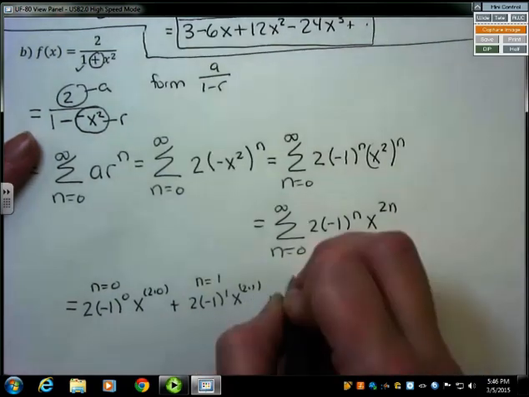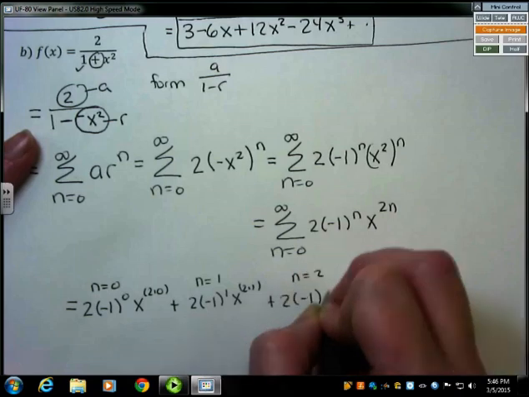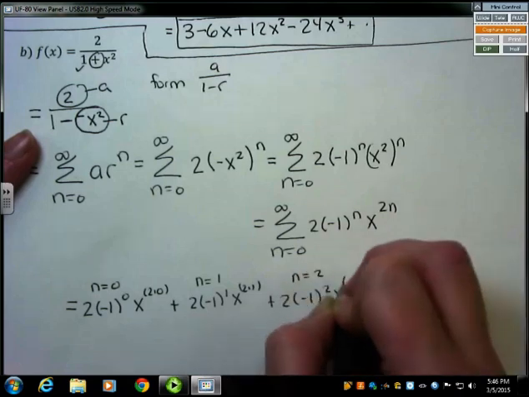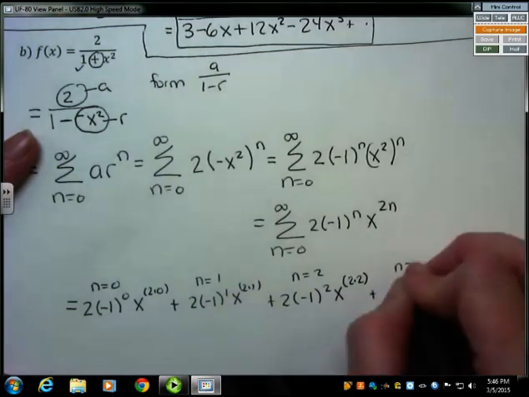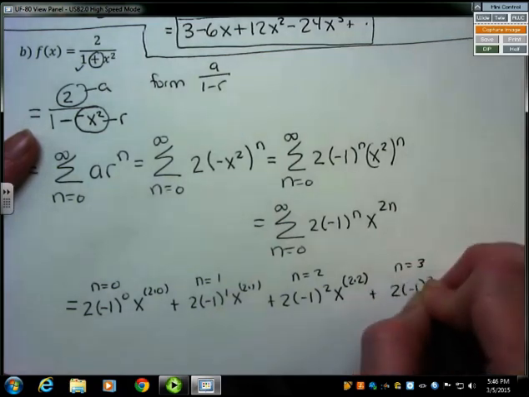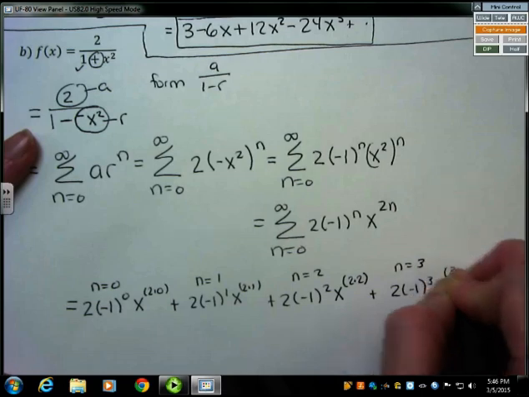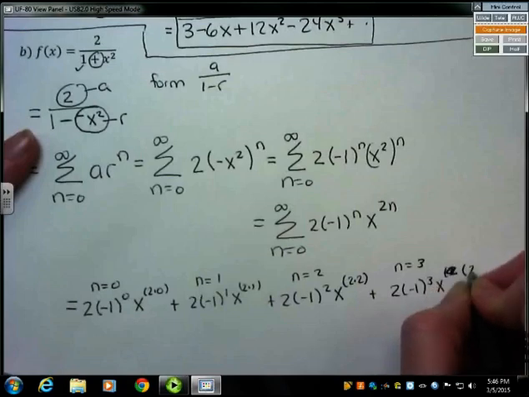When n is 2, I would have 2 times negative 1 squared, x to the 2 times 2. When n is 3, I would have 2 times negative 1 cubed, x to the 2 times 3.